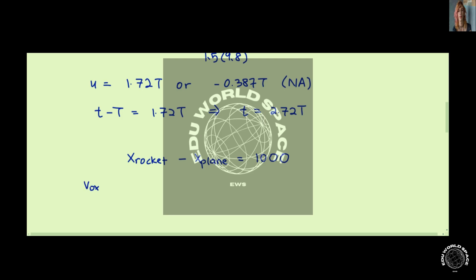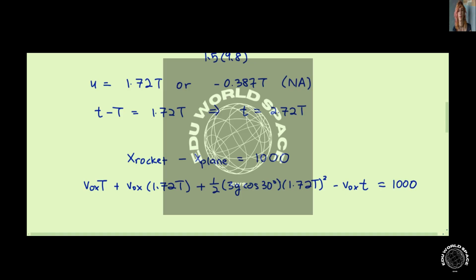We have v0x times big T plus v0x times 1.72 T plus half 3g cosine 30 degrees times 1.72 T squared, minus v0x times T, is equal to 1,000.